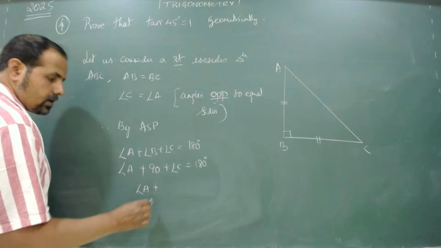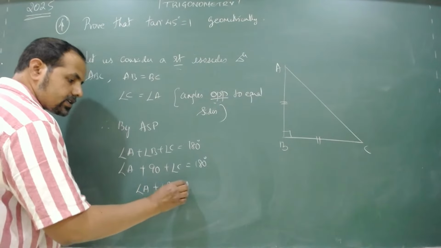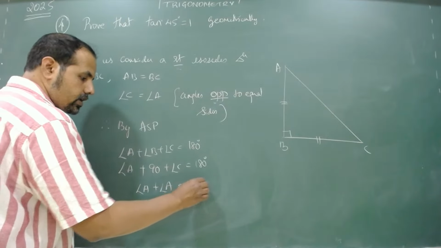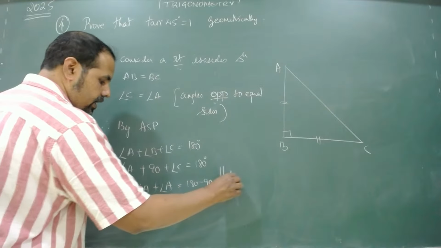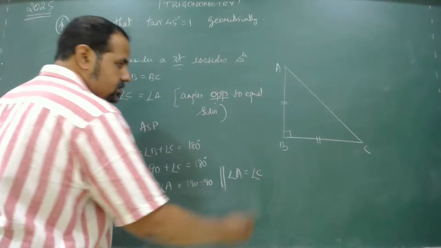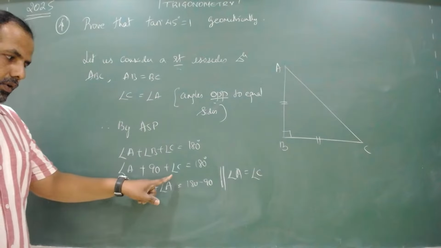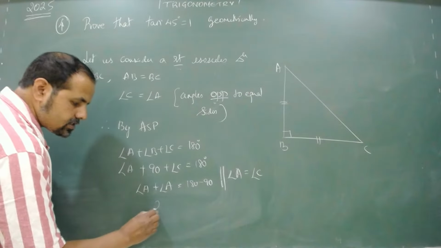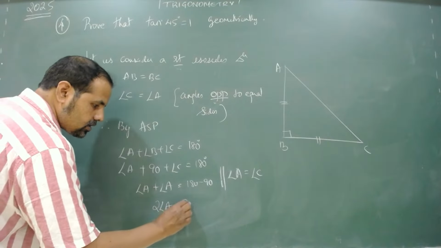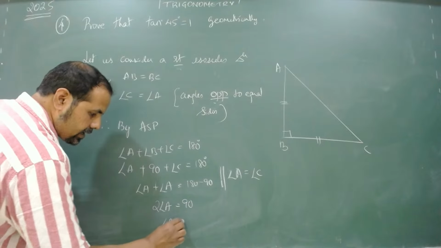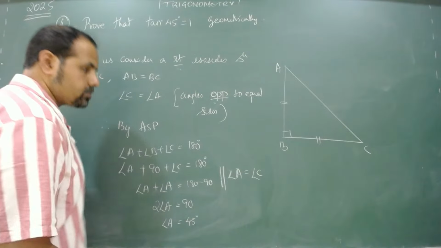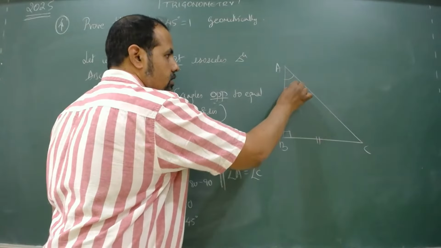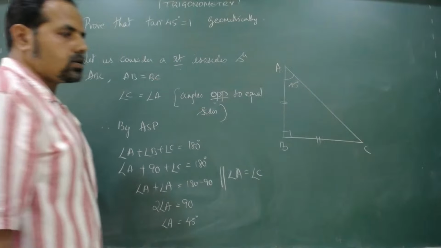Angle A and angle C both are equal, so I replace C with A. Twice angle A is equal to 90. Angle A is equal to 90 by 2, that is 45.